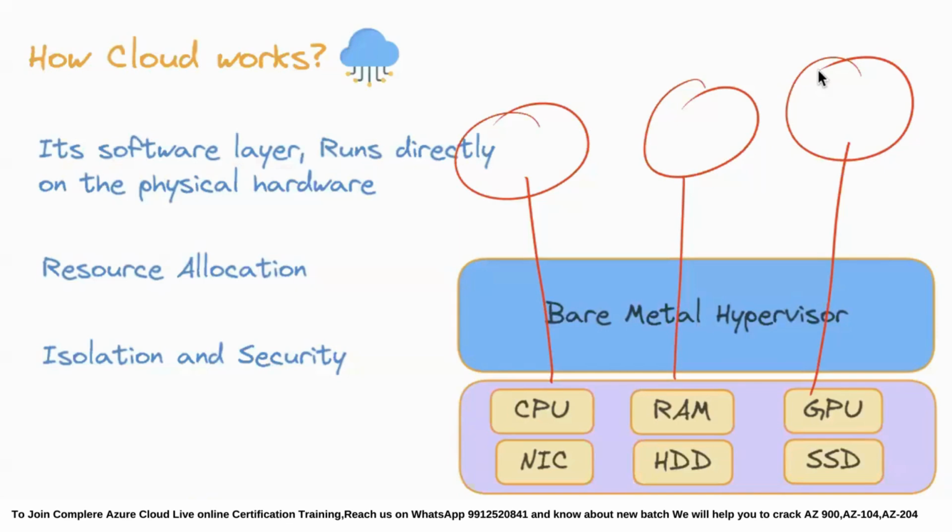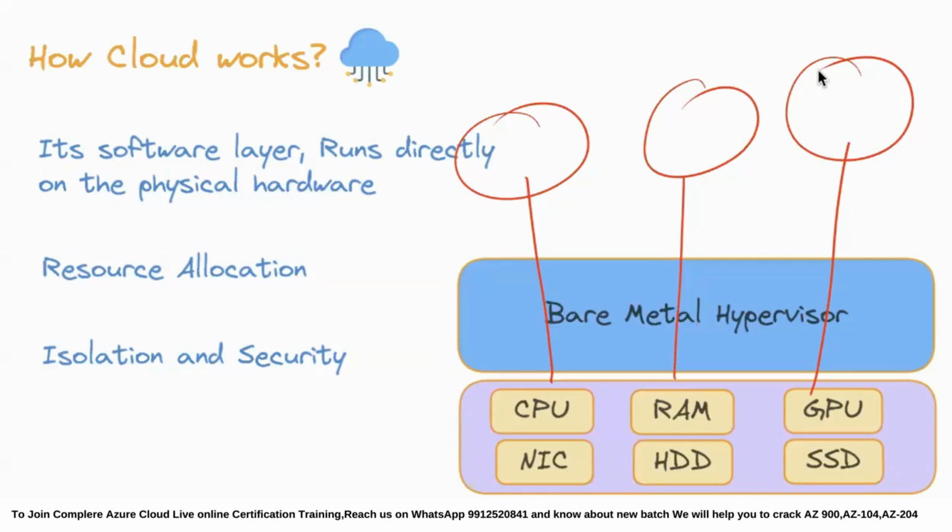That's the reason you can go for 1 GB or 1 terabyte or even 500 MB. You can go for any size. The technology behind it is that they are using a hypervisor.